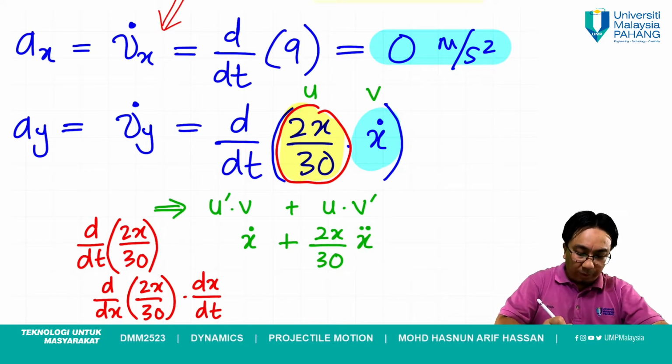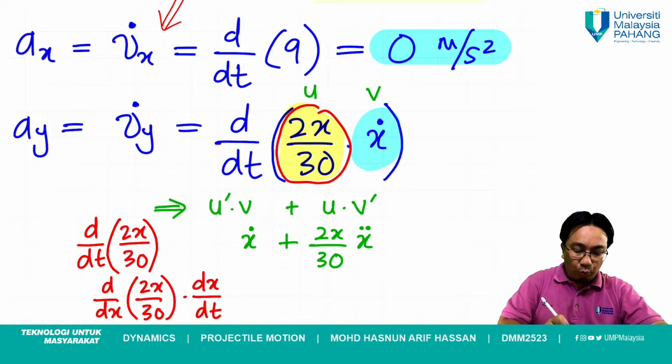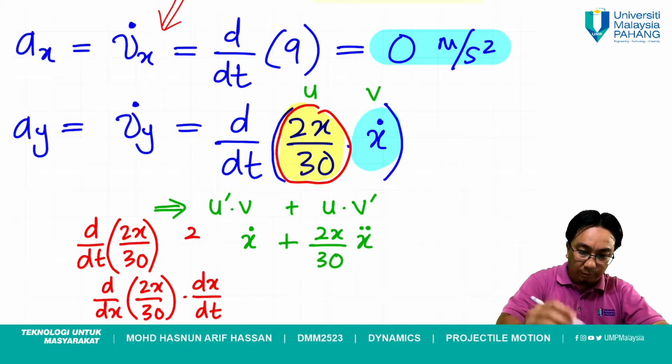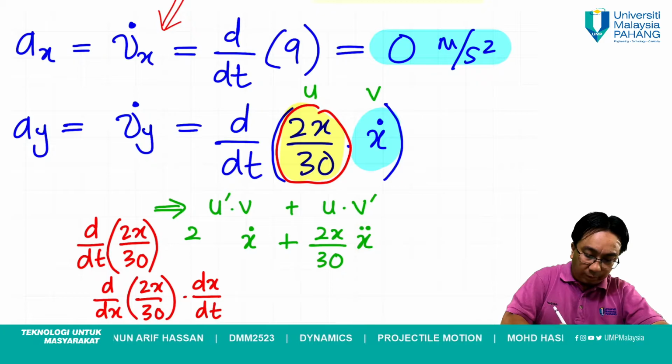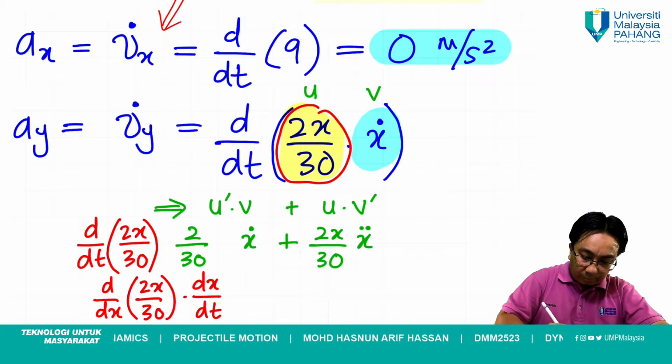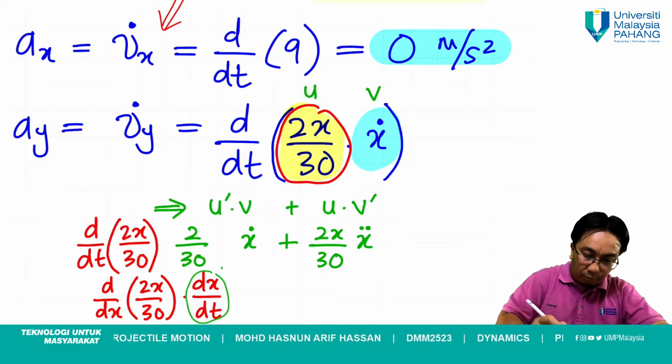Okay, so from here you will get 2 over 30. Oh, sorry, I wrote in green. Okay, 2 over 30 multiply with x dot. Dx over dt here is equivalent to x dot.